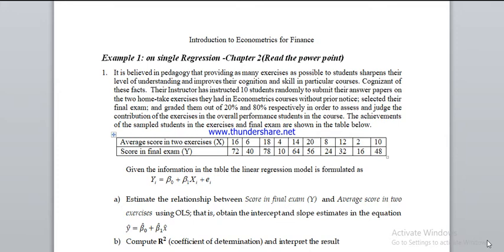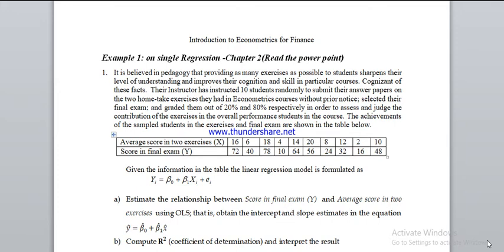So today I will show you examples based on chapter 2 and chapter 3 lecture notes, hoping that you have read the lecture notes of these chapters. Of course, chapter 2 and chapter 3 are interrelated. Chapter 2 is the base for chapter 3.